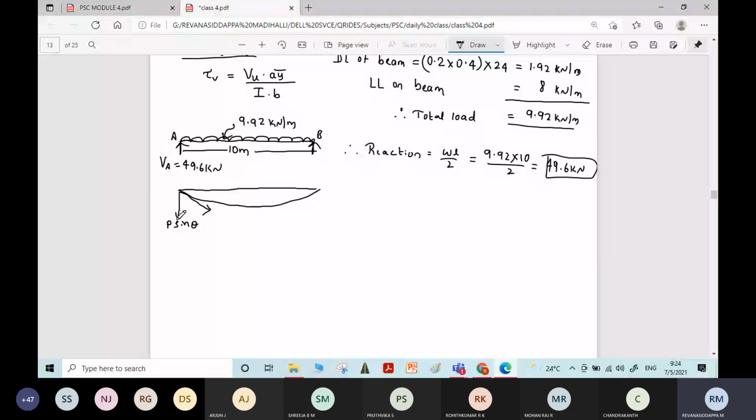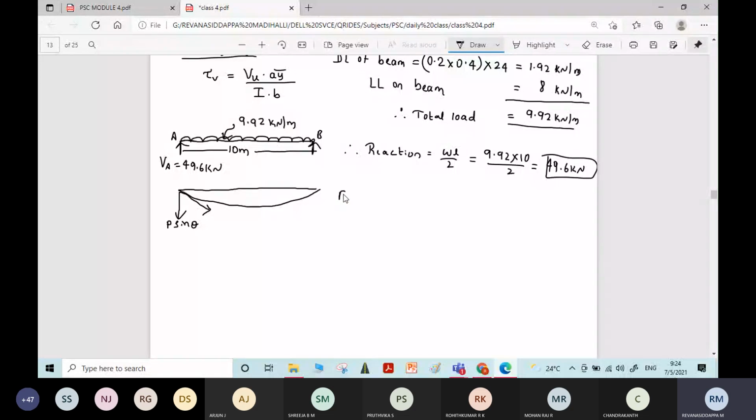Total shear force acting at the support is the sum of the reaction at the support and the vertical component of the pre-stressing force. Therefore, it is VA minus P sin theta.